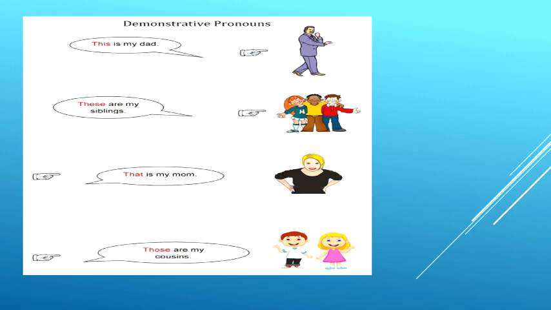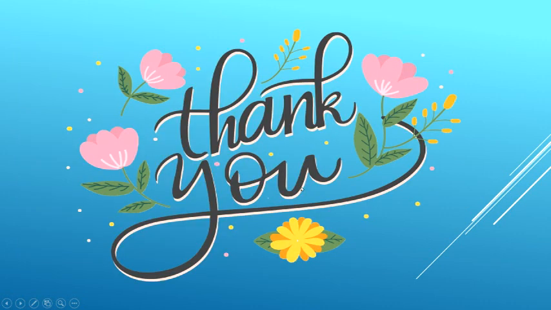In the same way, with our demonstrative pronouns these and those, we are using a plural verb. Are is a plural verb. Why? Because these and those are used to refer to objects or people who are plural in number. Okay? With this, we come to the end of today's session.